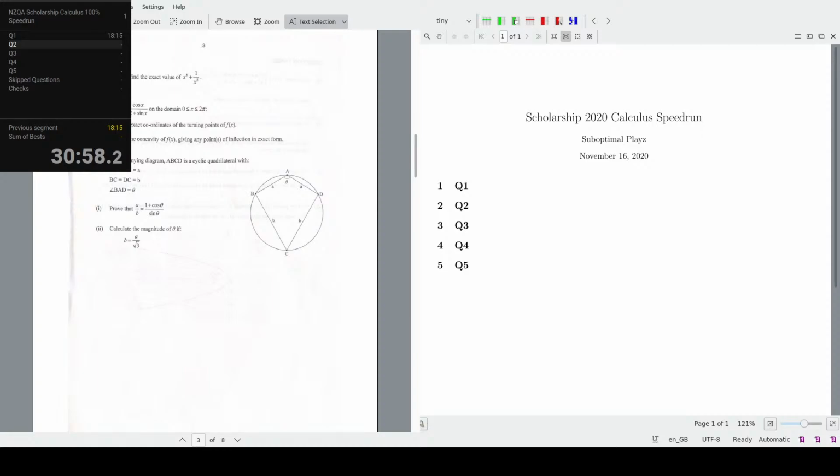So 2b2. Discuss the concavity of... Okay, so this is the part where you need the second derivative. So f double prime of x is equal to... So when is... Actually, you only need, when is f double prime of x positive, right?